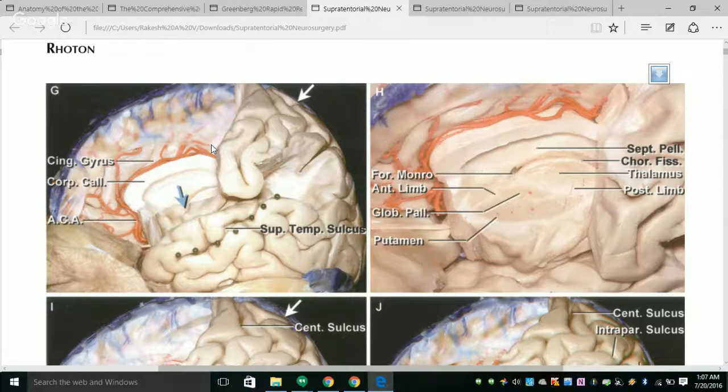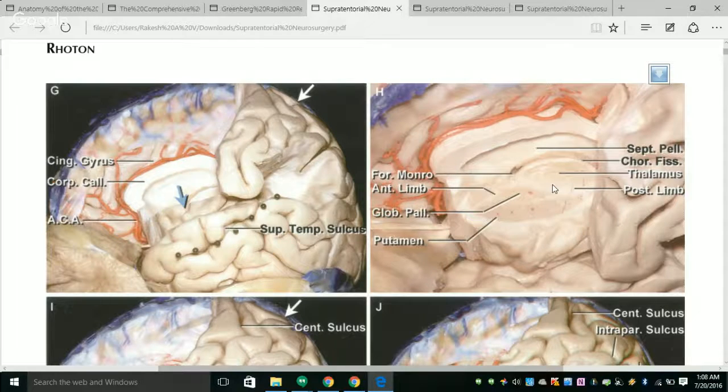Now we have figure H. The anterior limb of the internal capsule is located between the lentiform nucleus, formed by the putamen and globus pallidus, and the caudate nucleus. The anterior limb of the internal capsule, which is white matter, separates the two gray nuclei.